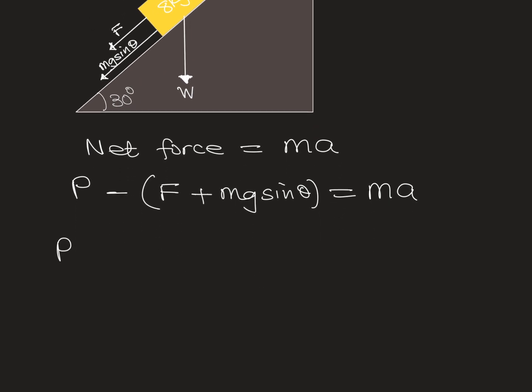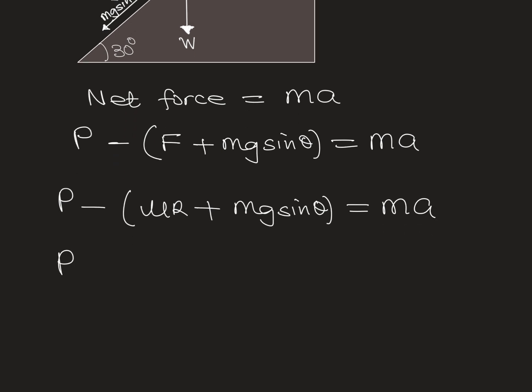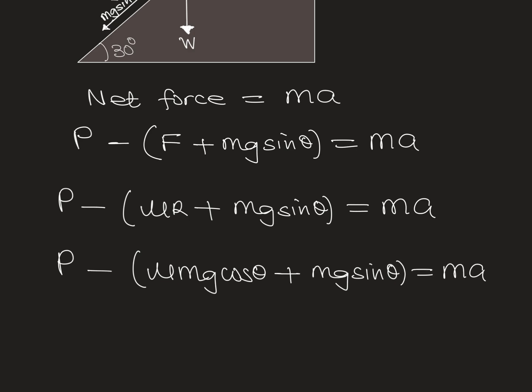So that will be P minus, what is F? F is mu R, then plus mg sine theta. This is equal to MA. So that will be P minus mu, what is R? R is mg cos theta, then plus mg sine theta. This is equal to MA.